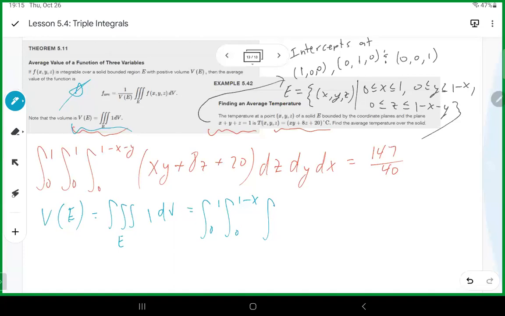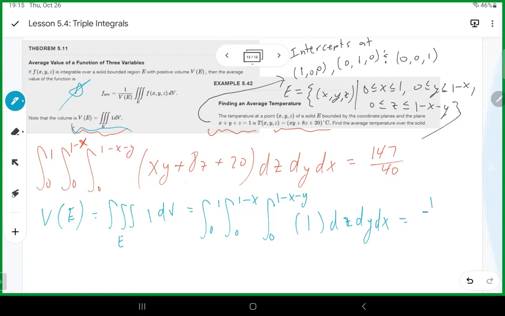Oh, this was a 1 minus x up here too. And then 0 to 1 minus x minus y, 1 dz dy dx.